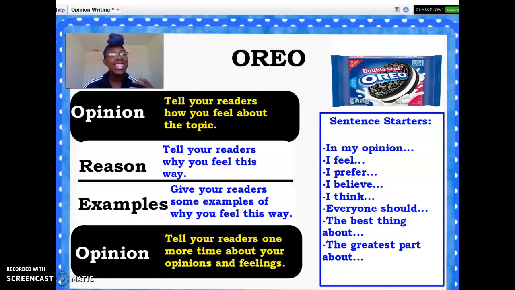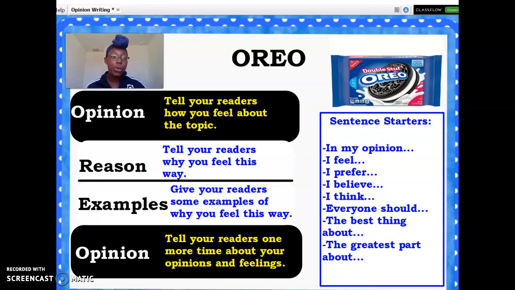So, when I think about Oreo and opinion writing, I'm not actually talking about eating some double stuffed Oreos. I'm talking about the acronym opinion, reason, example, opinion. Say it with me. I say, you say: opinion, reason, examples, opinion.